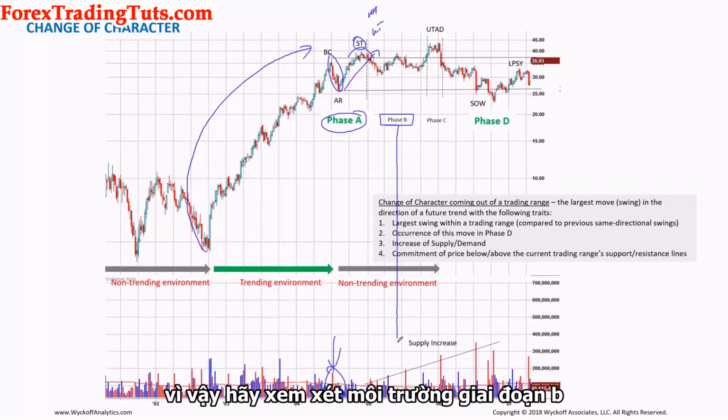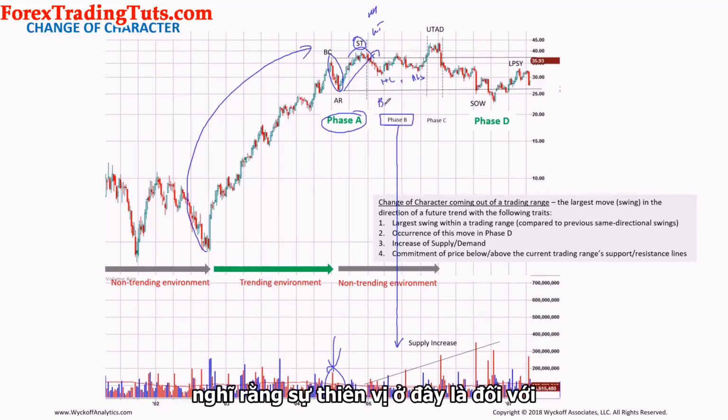So looking into phase B environment and looking at the higher lows, I still, as a long-term investor, would be thinking that the bias here is to the upside. There is really nothing distributional about this pattern in phase B. You don't have a lot of supply coming in. It's somewhat mediocre, average.